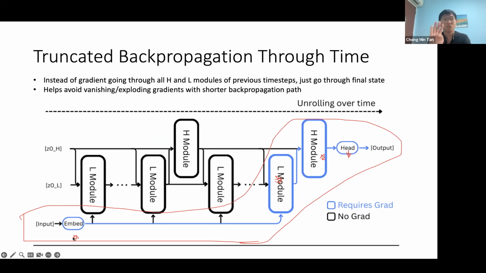Just backpropagating through four things in this hierarchical reasoning module, you approximate almost the same gradient as if you backpropagate everything else. They use some math proof to show it. I'm not going to cover the math proof because I think there's no point backpropagating all this. It will just incur a lot of vanishing and exploding gradients. They bypass this by just backpropagating through the final layers.